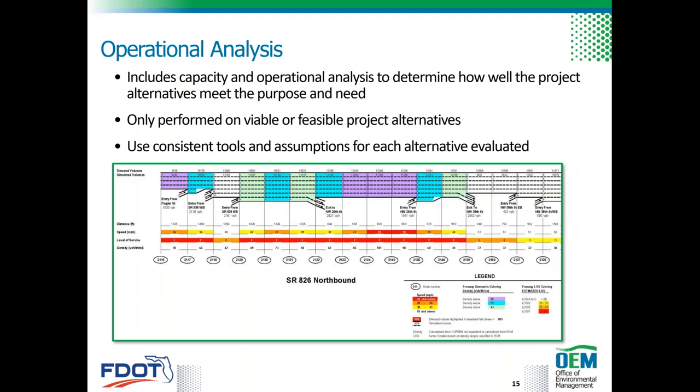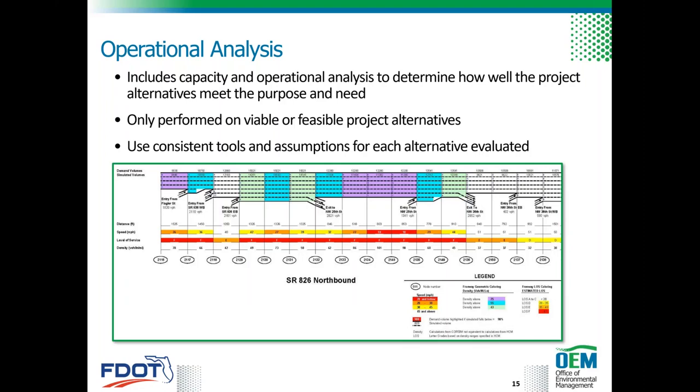So the traffic analysis includes both a capacity analysis and an operational analysis to determine how well the project alternatives are meeting the project purpose and need. Detailed evaluation of project alternatives should only proceed on viable or feasible project alternatives.